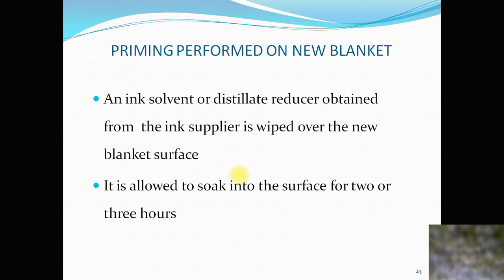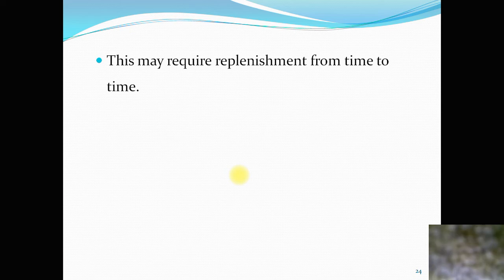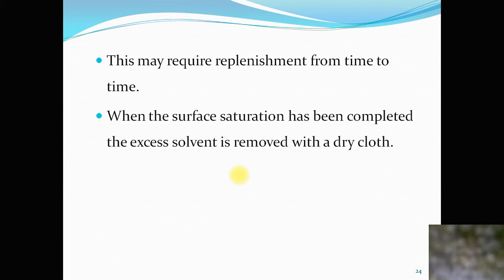By that time, the surface absorbs the solvent. Then this may require replenishment from time to time. This procedure has to be repeated 2-3 times. When the surface saturation has been completed, the excess solvent is removed with a dry cloth.